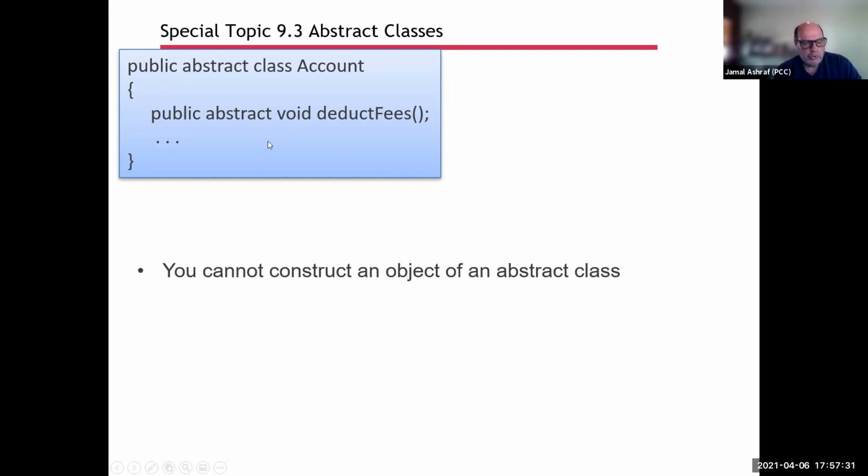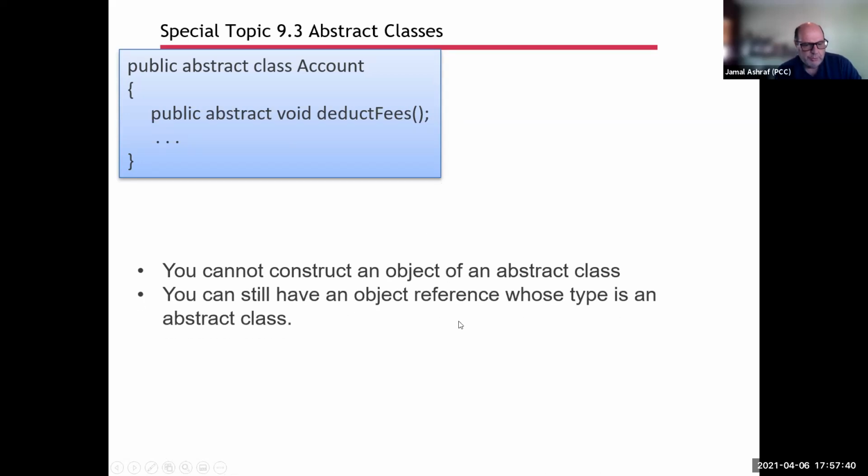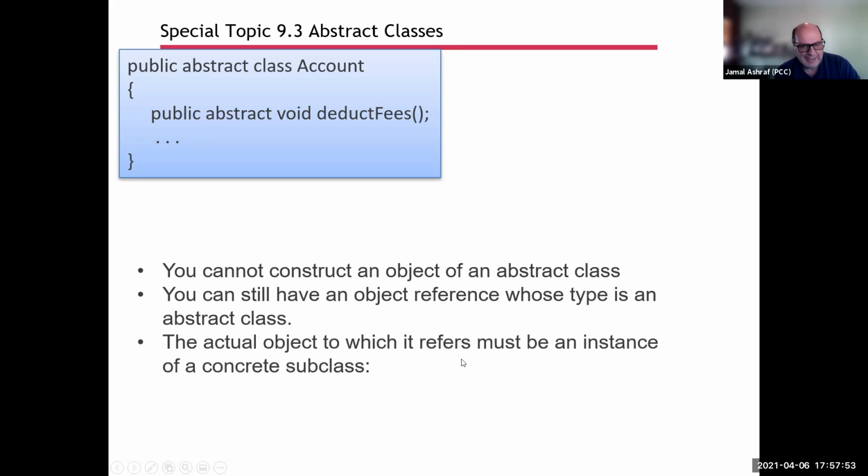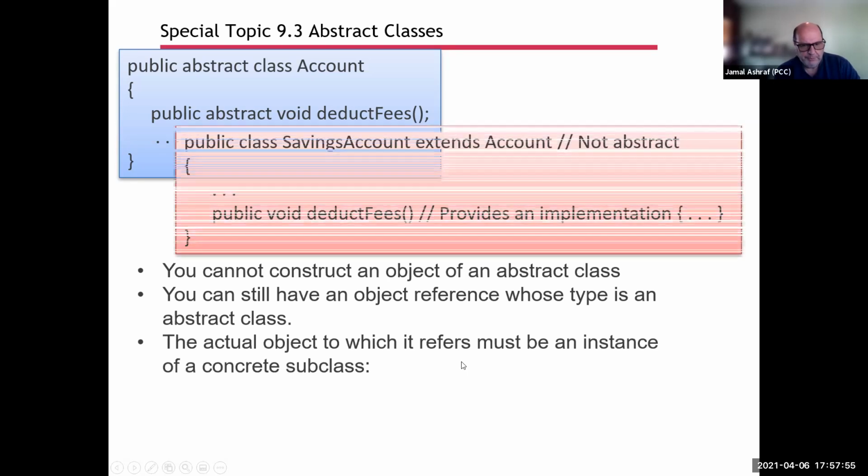I cannot construct an object for the abstract class. So I cannot say new on it. I can have an object reference. So I can have an address, but I cannot have an object. So how is that going to work for me?